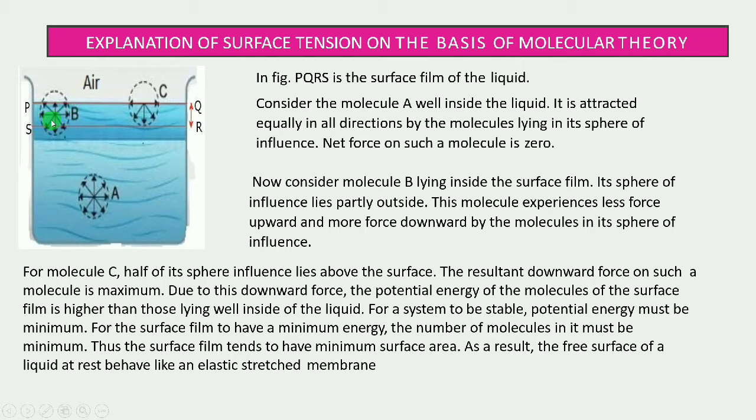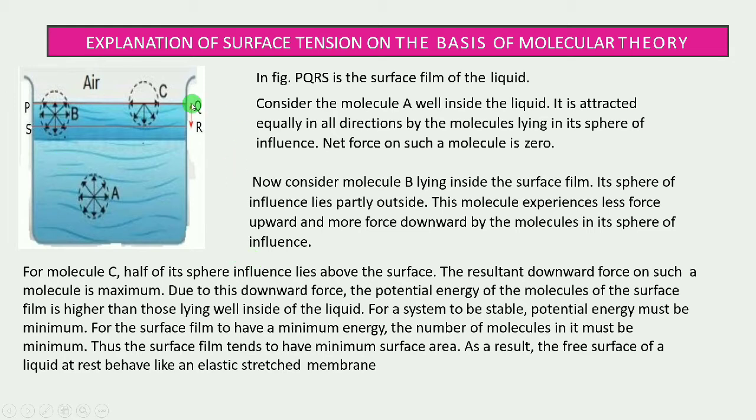But when you consider this vertical arrow, some part of the downward force is cancelled but not the total, right. So the net force acting on molecule B will be in the downward direction. So molecule B is acted upon by the liquid molecules in the downward direction, right. So it will go inside the liquid.